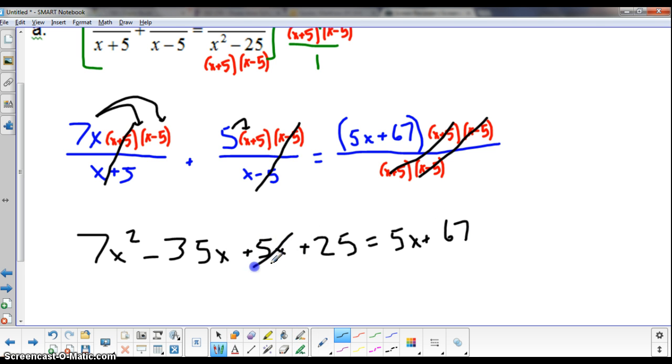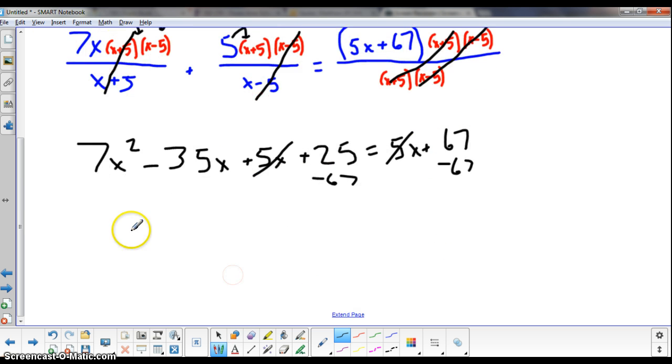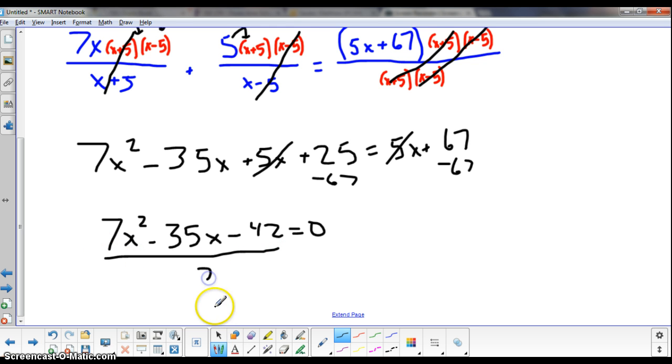We've got 5x on both sides, so you can cancel those out. I'm going to subtract the 67. And you have a quadratic with the 7 in front. We're going to try our best to get rid of that. 25 minus 67 is negative 42. 7, 35, and 42 are all divisible by 7, so I can divide both sides by 7.